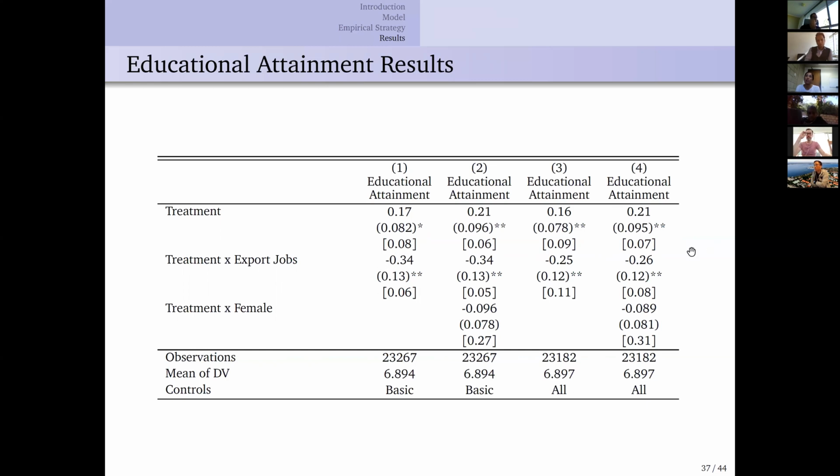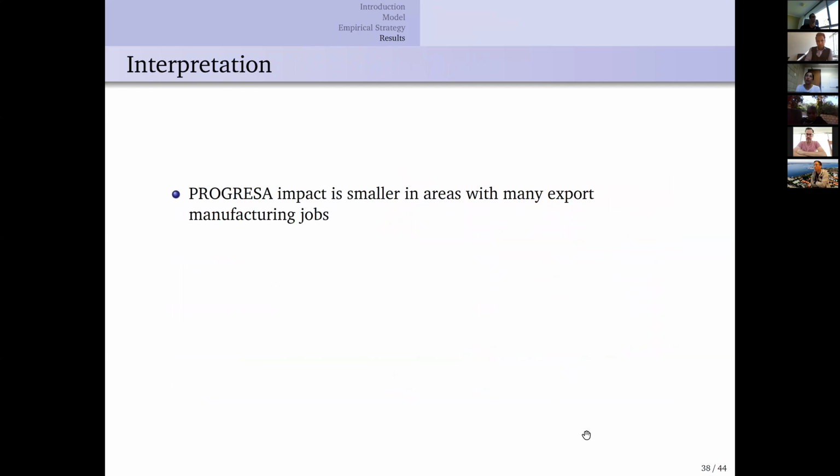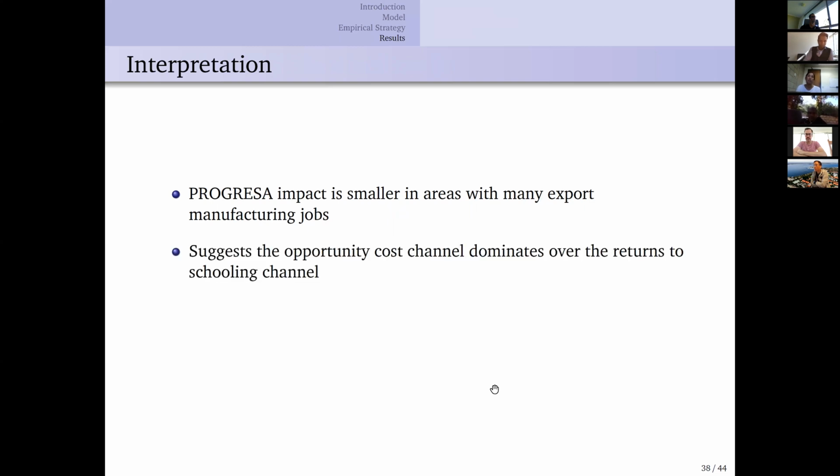Again, this is fairly consistent across the board, whether you add a treatment by female interaction or add a bunch of other controls. And so what we're finding is that the PROGRESA impact is smaller in areas with many export manufacturing jobs.